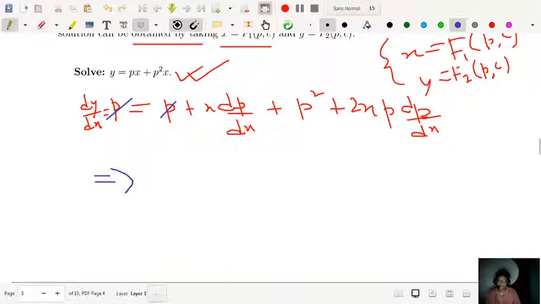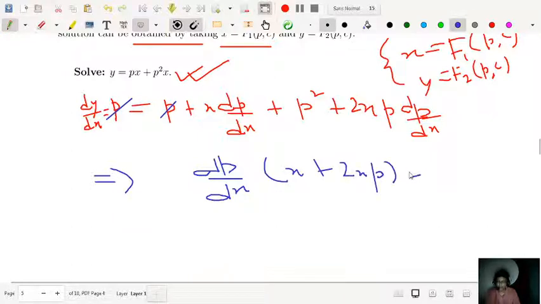So you have, after simplification, dp/dx into x plus 2xp minus p square.